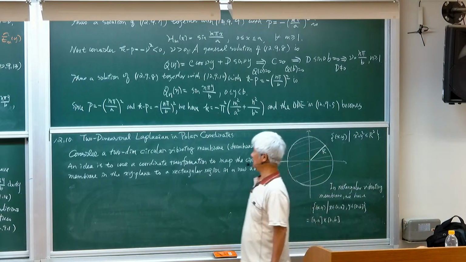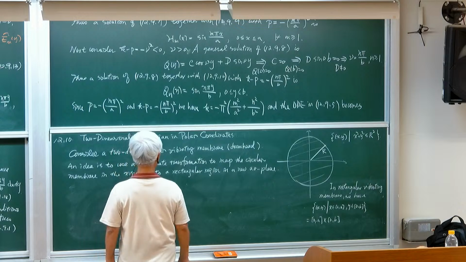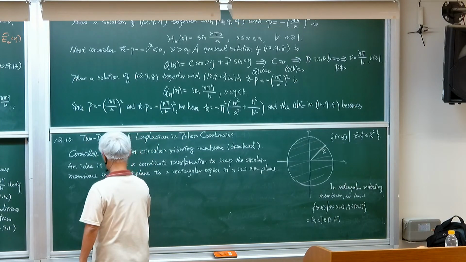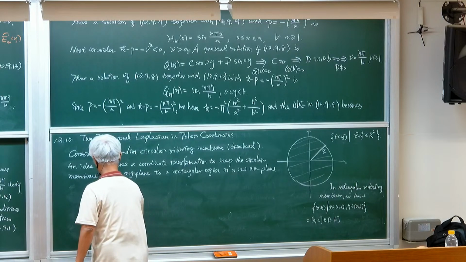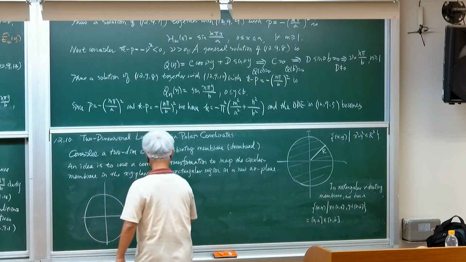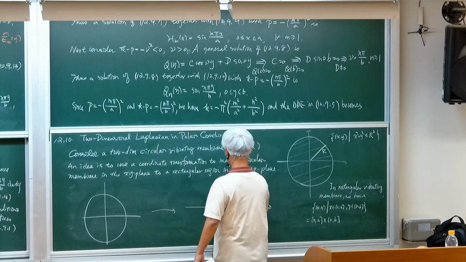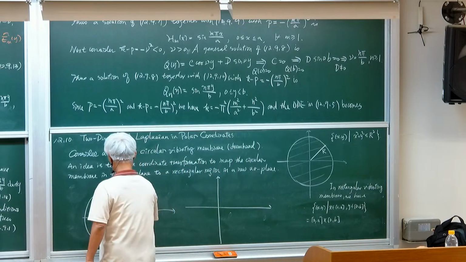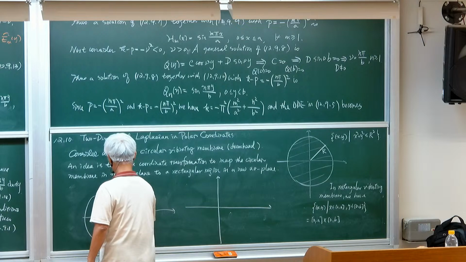Okay, and a way to do so is by using polar coordinates. We are familiar with that. For each point P, (x, y) here, we have an r and a theta.